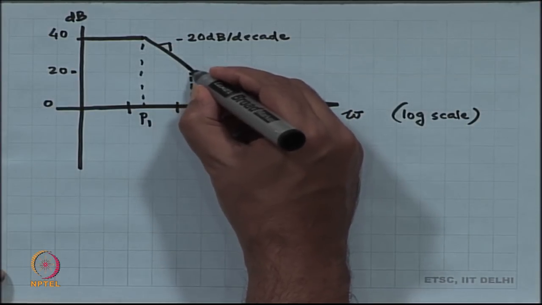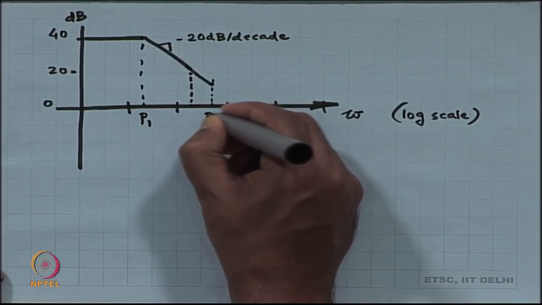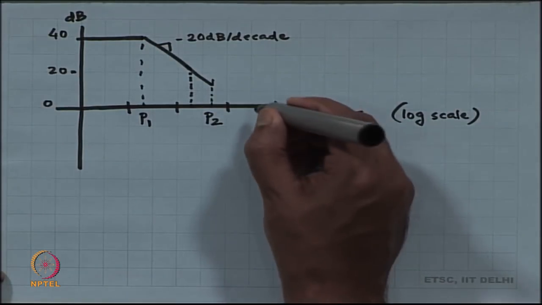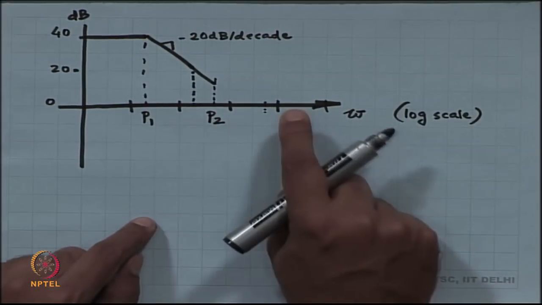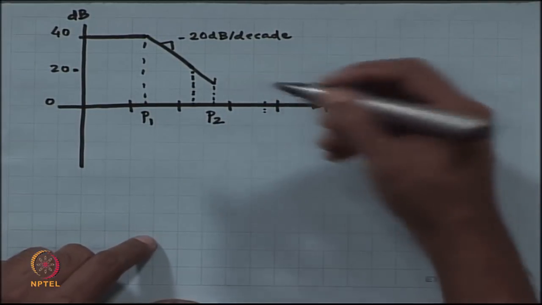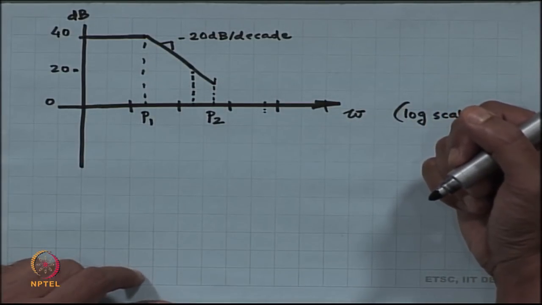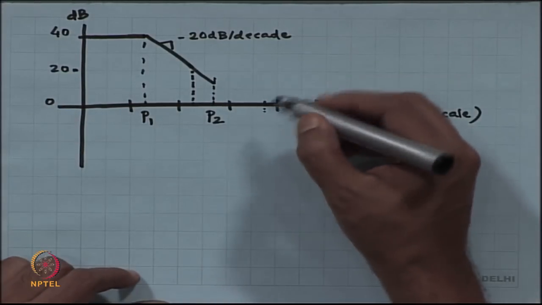And suppose you have a second pole somewhere over here. Then over a decade, you are going to get a slope of minus 40 dB per decade, so minus 40 dB decrease.